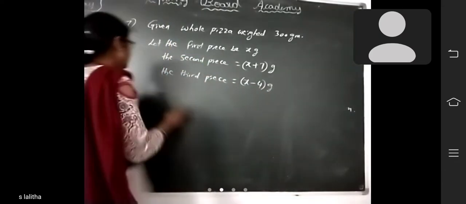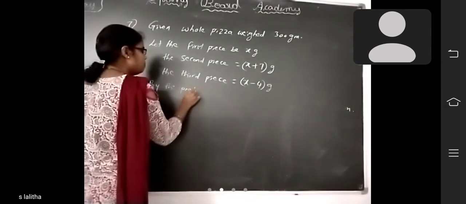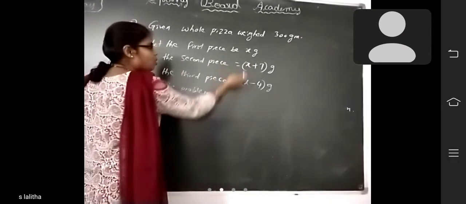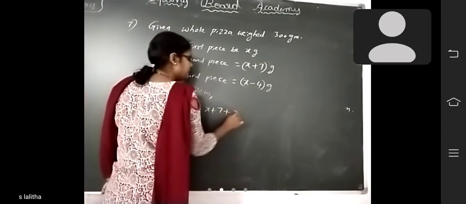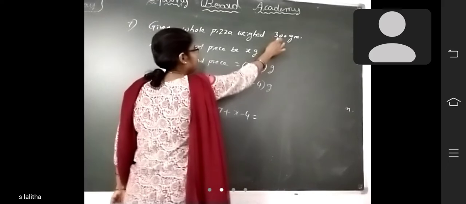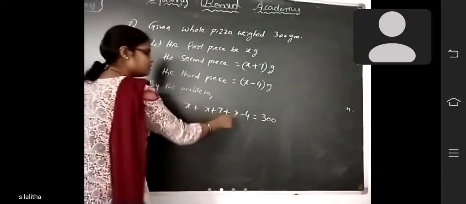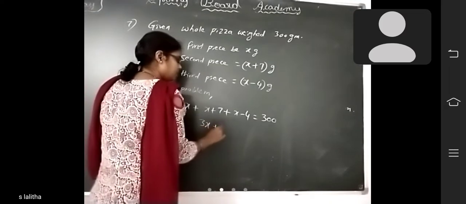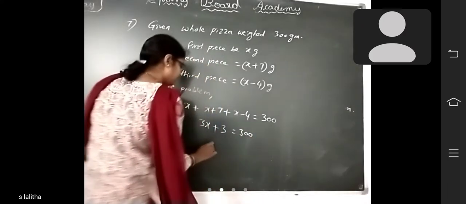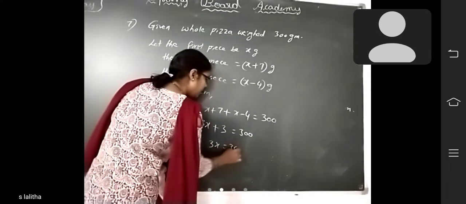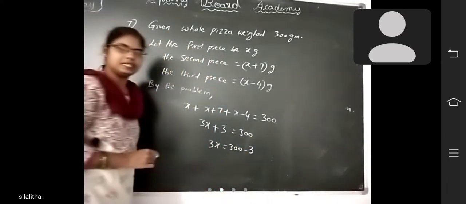Okay. Now by the problem, add all this: x plus 7 plus x minus 4 equal to the total, how much? 300 grams. Now add x plus x plus x, 3x, 7 minus 4, how much? 3. So 3x plus 3 is equal to 300. Here plus 3 is transposed to the right side. What will become? Minus 3.